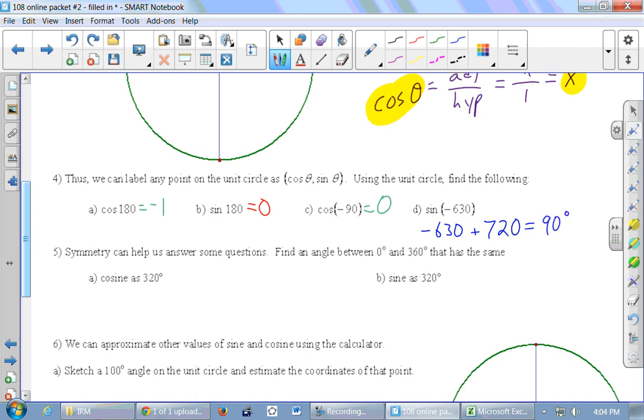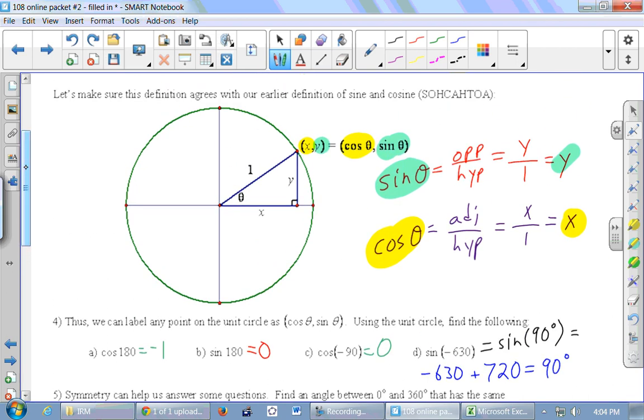So this is really exactly the same as the sine of 90 degrees. And the sine of 90 we can find. 90 degrees is at the top. So we're looking for this point up here. Coordinates are 0 and 1. Sine is always the y value, which is 1. So the answer here must be 1.